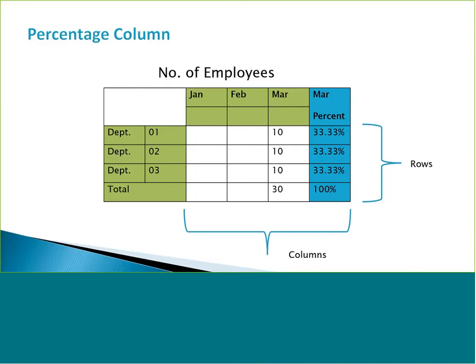Although we are going down row wise, we are calculating percentages for the figures which appear in this column. So we know that these figures are derived from an intersection of what we provide in our row set and in our column set, okay? But we need to tell Oracle that what is being displayed here is coming from this particular column, not this one or not this one, okay?